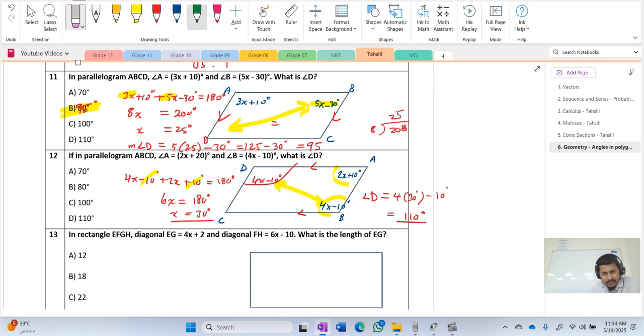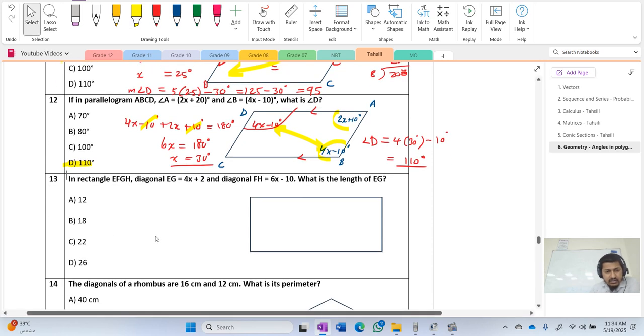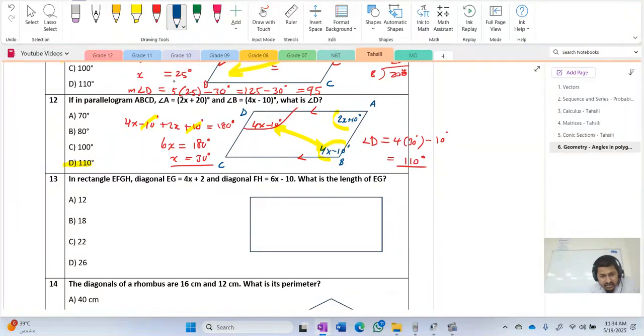Okay, they're talking about the other diagonal, EG, but remember the diagonals are equal either way, so we're not going to waste time with that. The diagonals are equal. It's a rectangle, so this is 90, right? Okay, both the diagonals they're talking about.